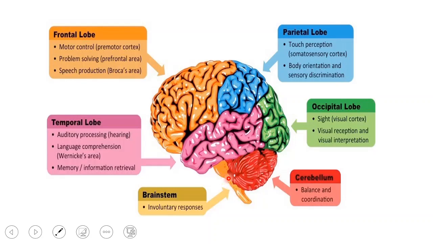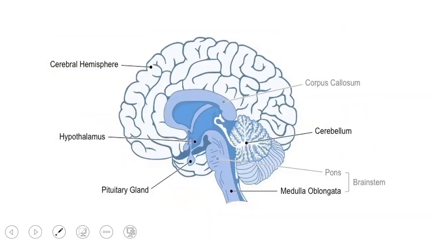So the brainstem is made up of three parts: medulla oblongata, pons, and midbrain. The brainstem, via the medulla, controls automatic and involuntary activities like breathing, swallowing, heart rate, etc. So the brainstem controls the involuntary responses because, as we know before, the medulla oblongata has the cardiovascular center and the breathing center.